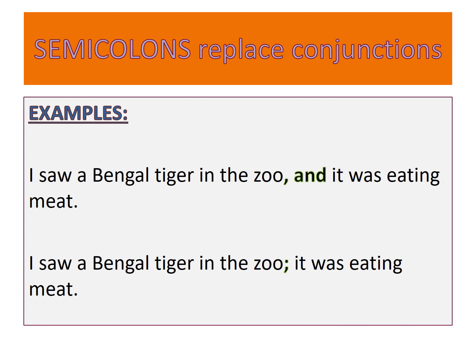Dear students, we have already discussed that the semicolon and the conjunction cannot come together. If the semicolon is used, the conjunction will be deleted. You can see this on your screen. I saw a Bengal tiger in the zoo and it was eating meat. See the second line. I saw a Bengal tiger in the zoo; it was eating meat.